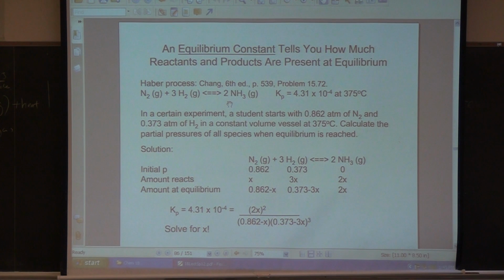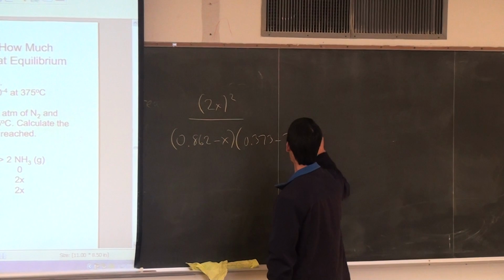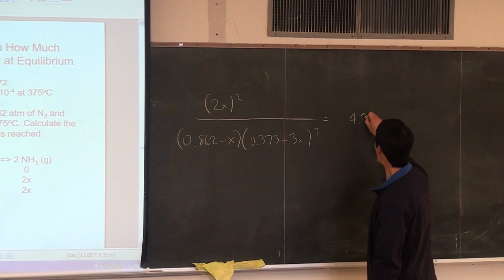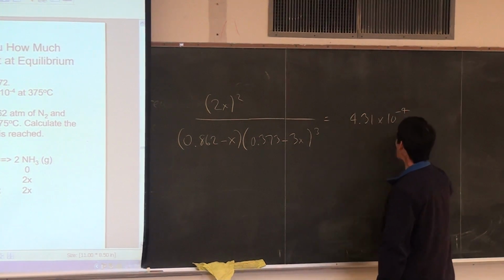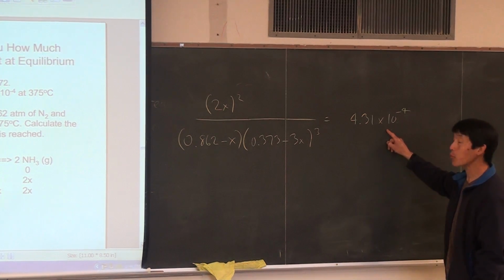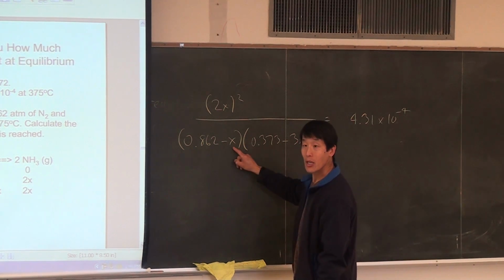So when we look at this equation, let me write it on the board. We have 2x squared divided by 0.862 minus x times 0.373 minus 3x cubed, and that's equal to 4.31 times 10 to the minus 4. Now, since this number is so small, and you just said that there's going to be a lot more reactants present than products, that means that the amount of x which reacts should be big or small.